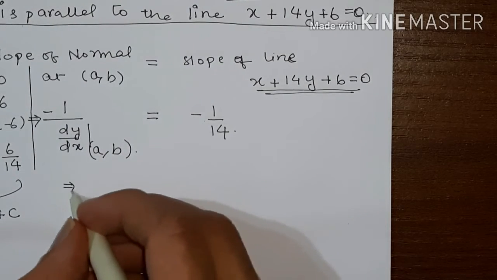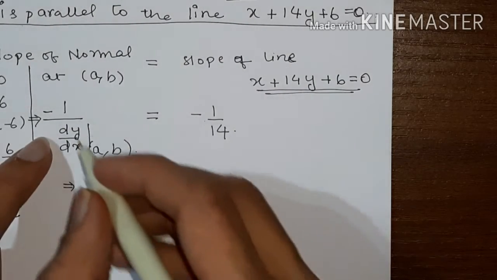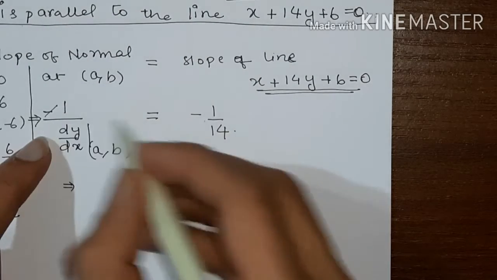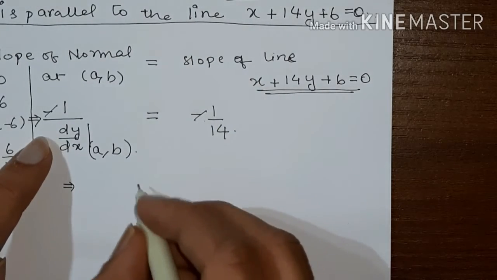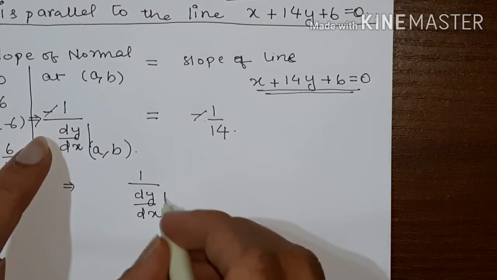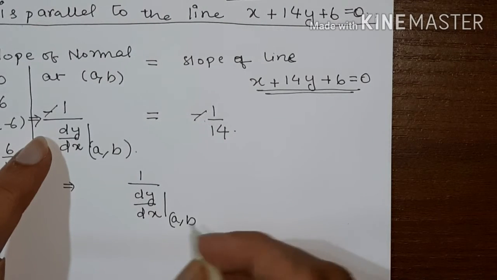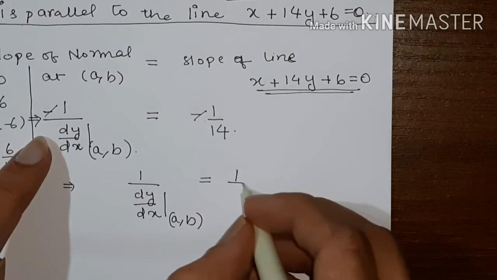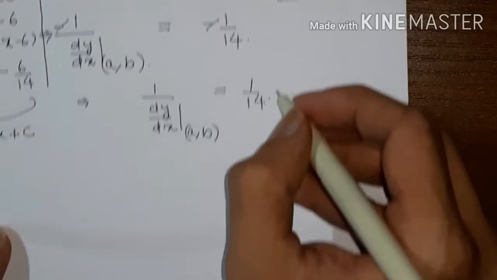So what do we get? Here the minus and minus will get cancelled. We will get 1 by dy by dx at the point a comma b is equal to 1 by 14.